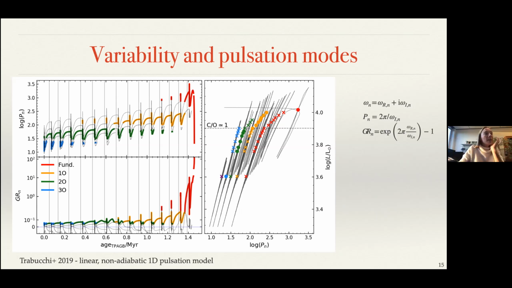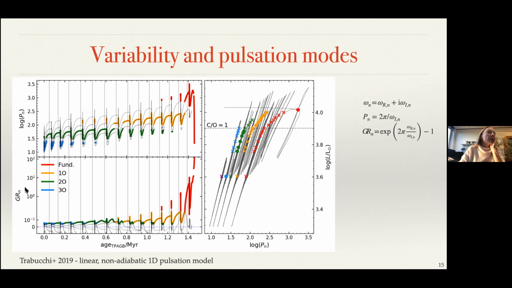So what you see here, and I really like this figure, is a figure made by Trabucchi in 2019, for a one-dimensional pulsation model, and it only covers the linear pulsations. You see here a function of time on the AGB, and the color code shows you which of either the fundamental, the first, the second, or the third overtone mode is the dominant one.